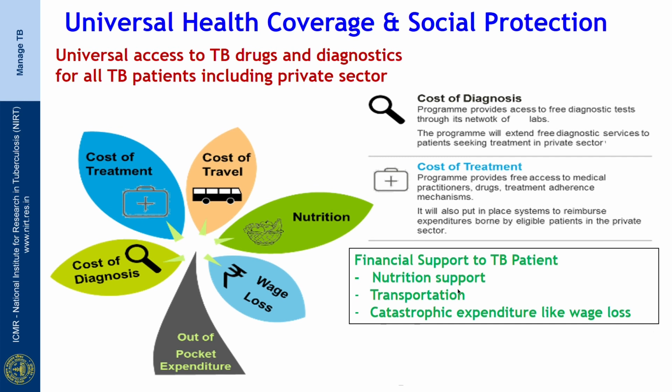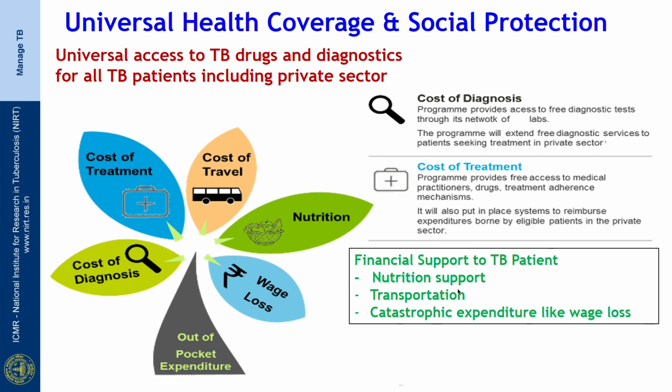So the program, and not only the program but also state initiatives and various district level initiatives under various other national programs or departments, like the social welfare department or the women and child department, offer various schemes to which the patient is linked, so that various issues can be addressed.